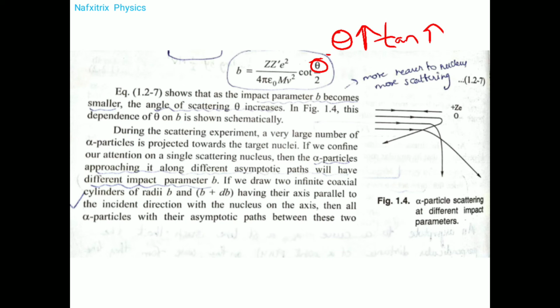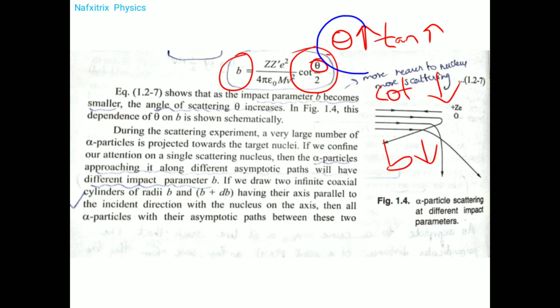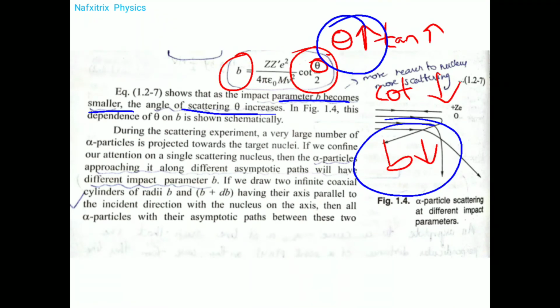But cot theta is the inverse of tan theta. So cot theta by 2 decreases. That means b is directly proportional to cot theta by 2. So b also decreases. So finally what we are getting is, as the angle of scattering increases, impact parameter decreases. So here you can see the impact parameter becomes smaller as the angle of scattering increases. So that is the meaning of this formula.